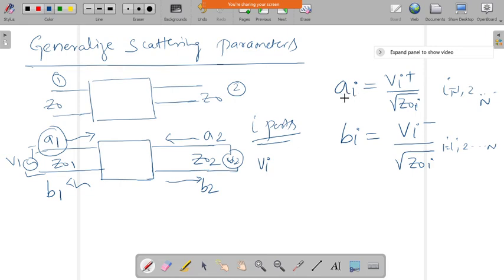Here Ai is the normalized incident voltage, normalized with respect to the port impedance, and similarly Bi is the normalized reflected voltage.